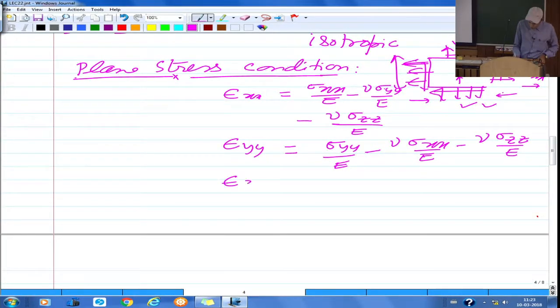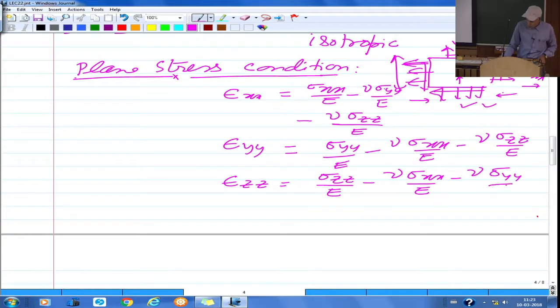And similarly, if you want to write epsilon zz, that is going to be sigma zz upon E minus nu times sigma xx upon E minus nu times sigma yy upon E, where E is Young's modulus and this nu is Poisson's ratio. We used it earlier. So this is a general relationship between normal strains and normal stresses for a linear elastic isotropic material.